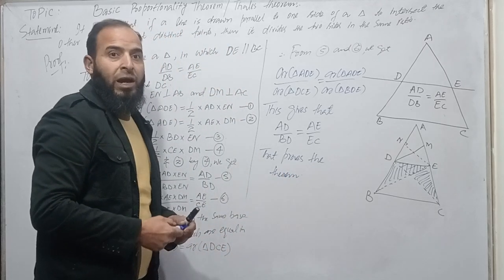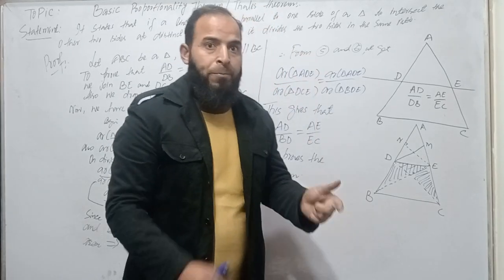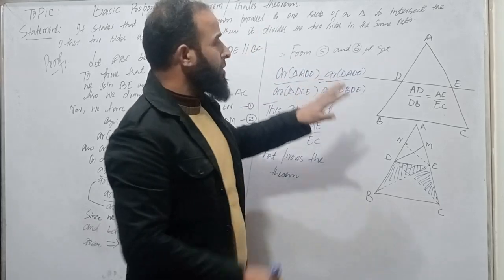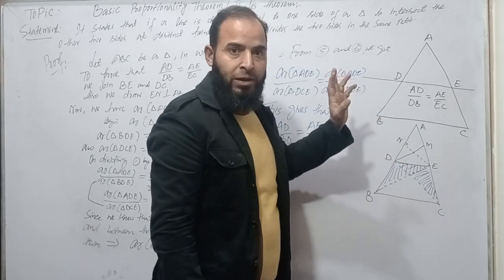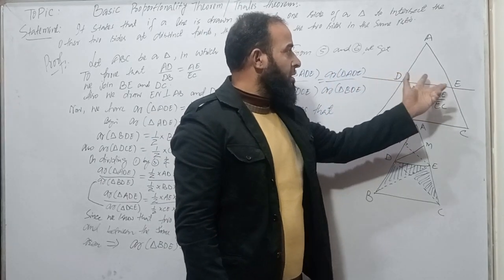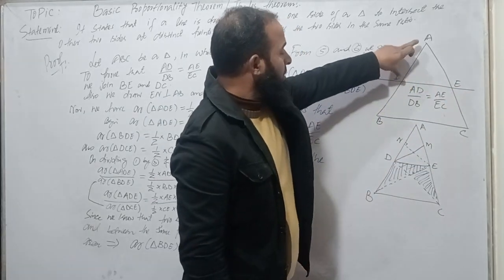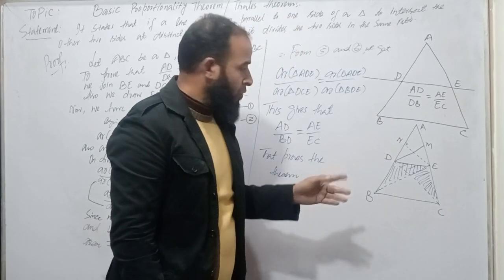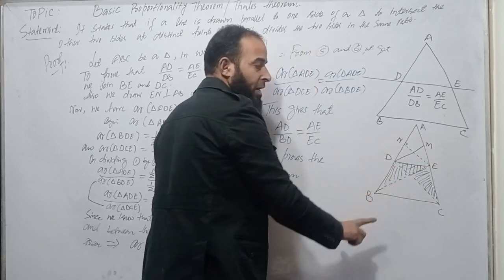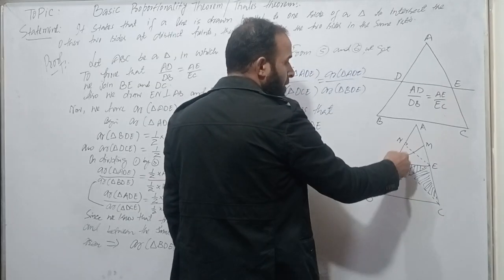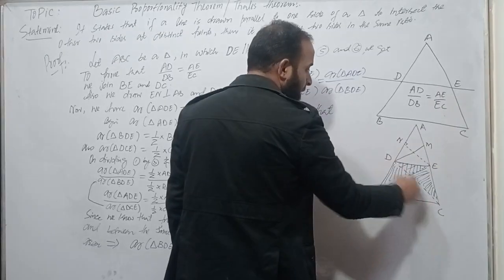That proves the theorem. I will once again recap what is given, or what this theorem states. It states that if a line is drawn parallel to one side of a triangle and it divides the other two sides in two distinct points, then this line divides these two sides in the same ratio. So what we took in this triangle, we draw two perpendiculars on AB and AC respectively, and also we joined BE and EC.